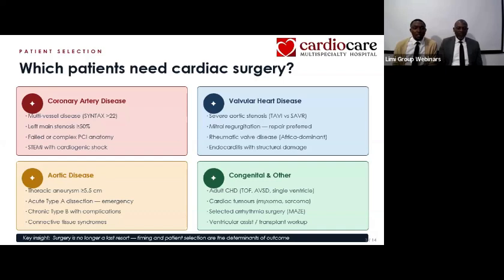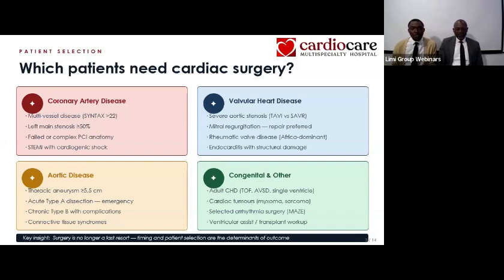The first is left main stenosis, when we have a stenosis greater than 50%. The left main artery supplies the bulk of the myocardium, so when it is stenosed, there's reduced blood flow, and we consider them for surgery. The surgery here is majorly a coronary artery bypass graft.